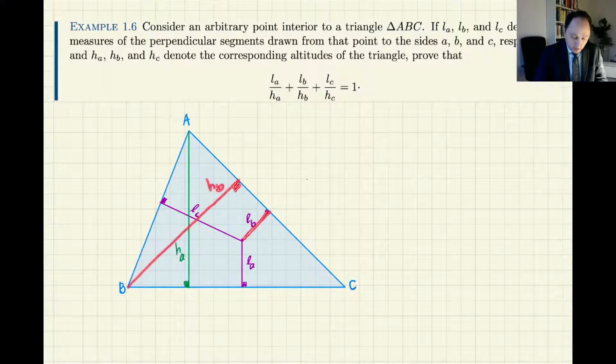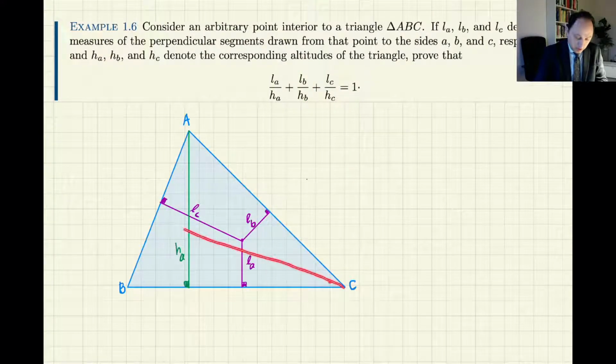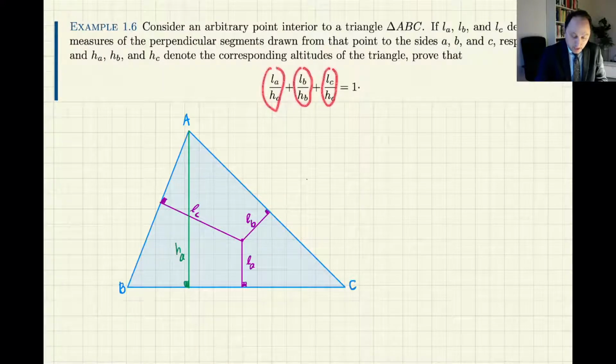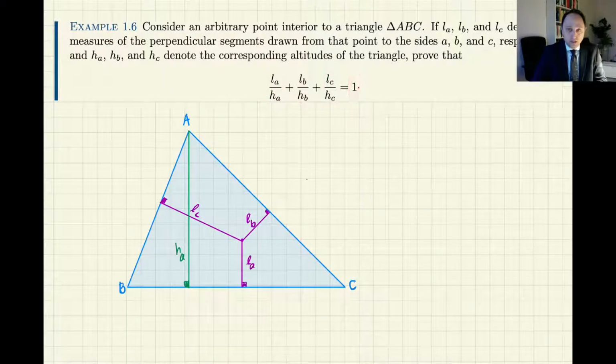If I measure this size and measure this size and then divide them to make this second fraction, and if I do the same thing for the third one here, for example, then I'm claiming that the sum of these fractions is exactly equal to 1, and it does not matter at all where you choose this point.